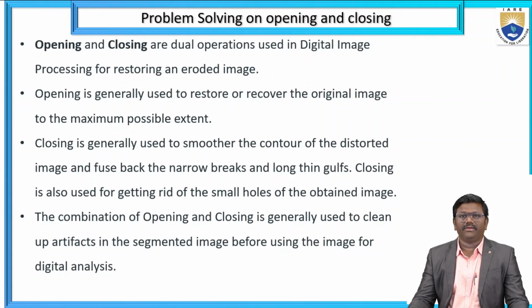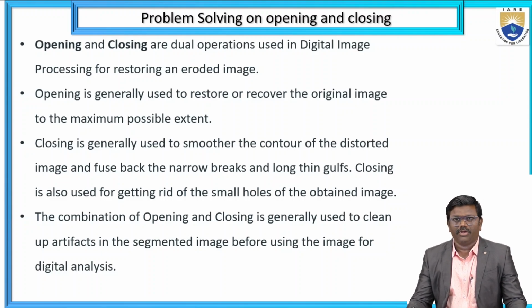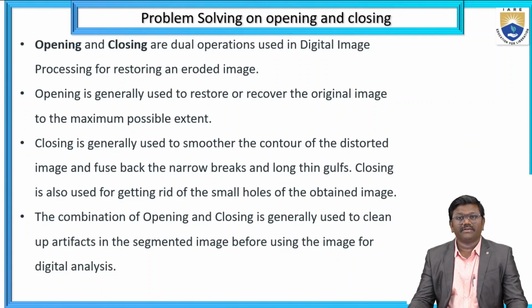Closing is generally used to smooth the contour of the distorted image and fuse back narrow breaks and long thin gulfs. Closing is also used for getting rid of small holes in the obtained image. The combination of opening and closing is generally used for cleaning up artifacts in the segmented image before using it for digital analysis.